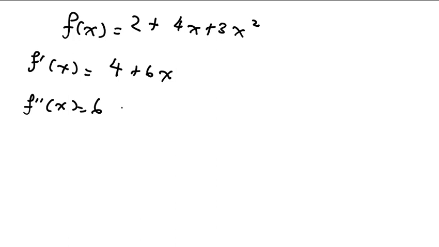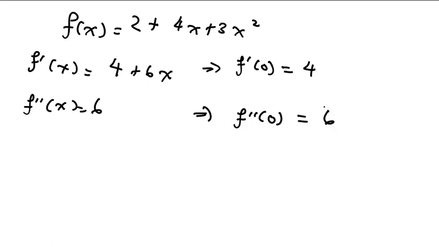So f prime 0, because for Maclaurin we evaluate x equal to 0, yeah. Then 6 times 0 is 0, so we are left with 4. And f double prime 0 is always a constant 6, isn't it?